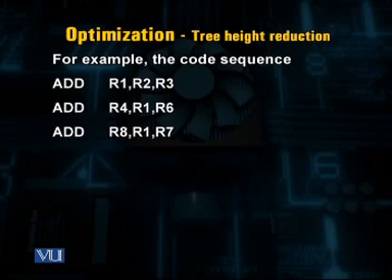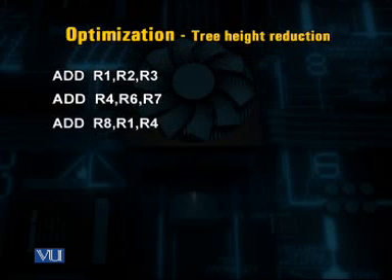Let us see how we can take advantage of associativity and transform the code into the form shown here, where the sequence of the add instructions in the second and the third place has been interchanged.